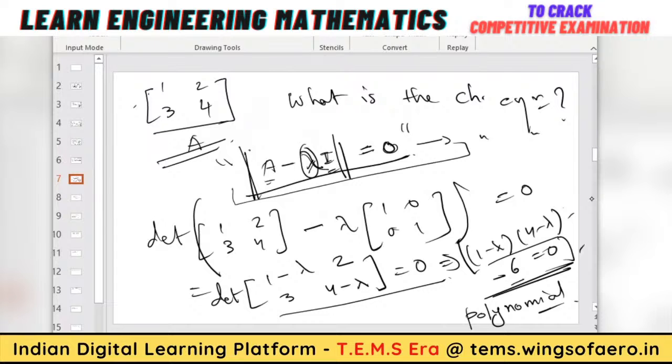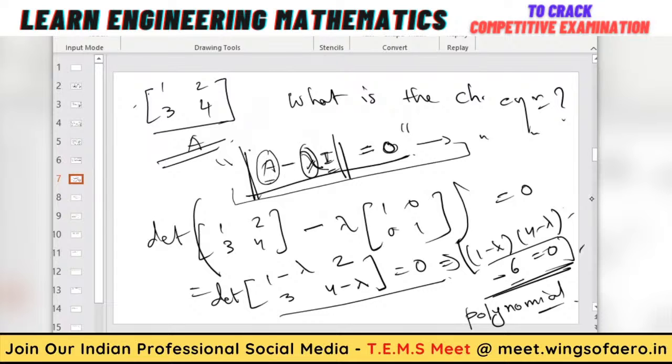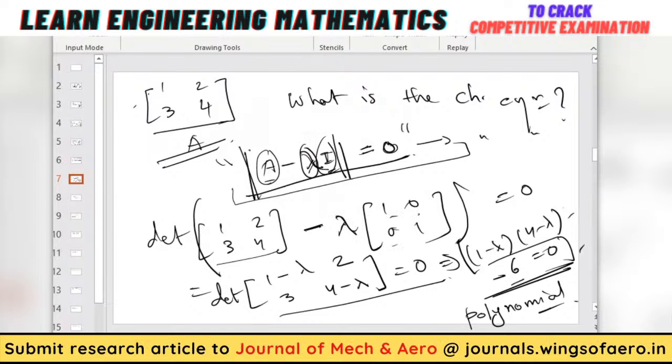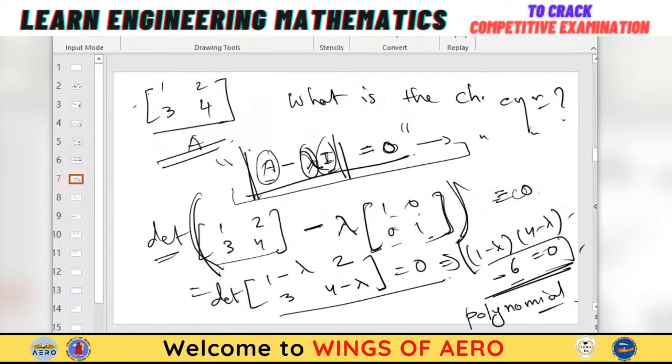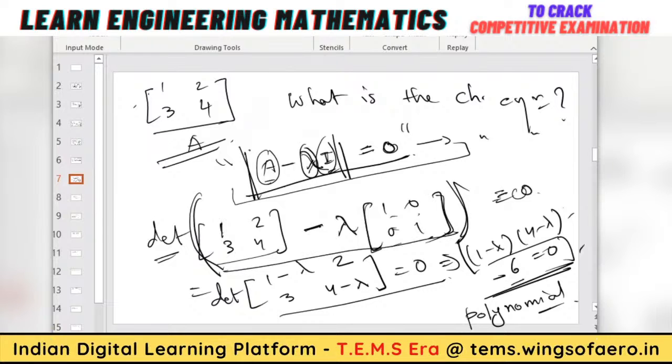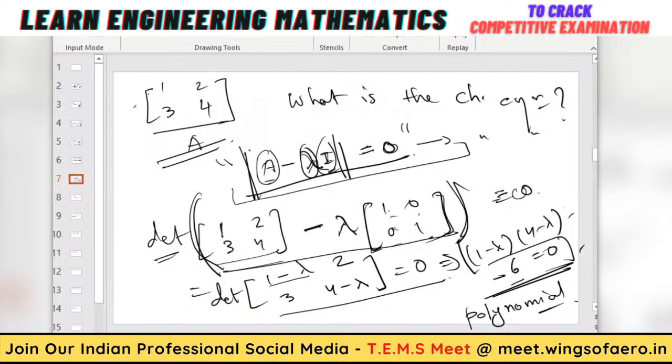Now put the value of A: [1 2; 3 4] minus lambda times the identity matrix [1 0; 0 1], then the determinant of this whole is equal to 0. If I simplify this inner portion, I get 1 minus lambda, and so on. If you simplify the inner portion, you can get this matrix.